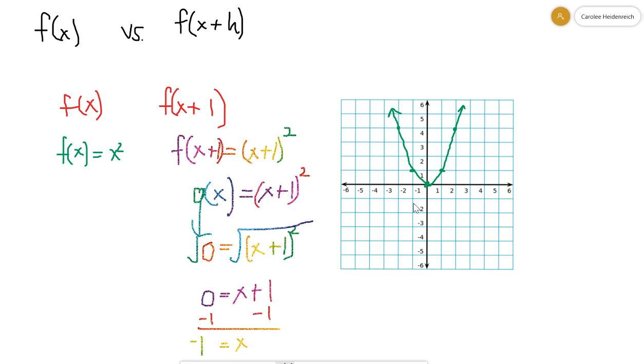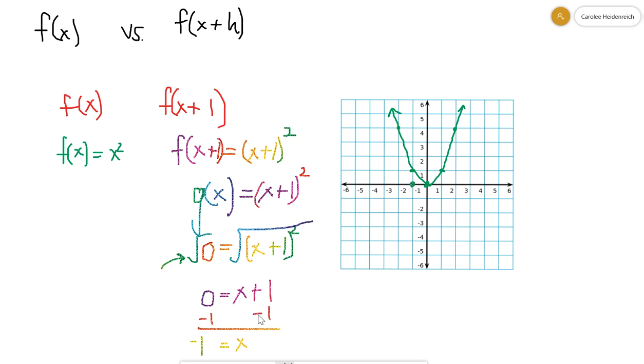So our point that had a y value of 0, remember we plugged in 0 for y, has an x value of negative 1. So we've moved over to the left, negative 1. Why did we move to the left? It's because when we were solving the equation set equal to 0, we had to do an inverse operation.